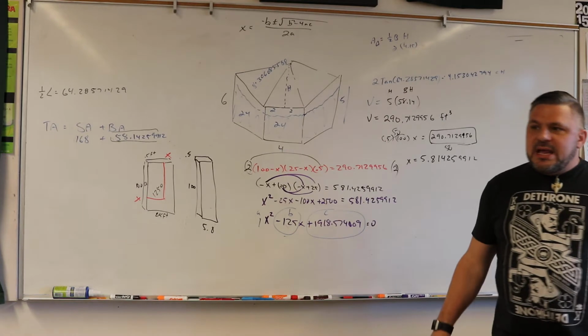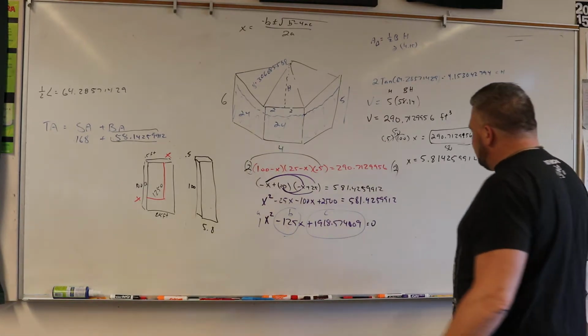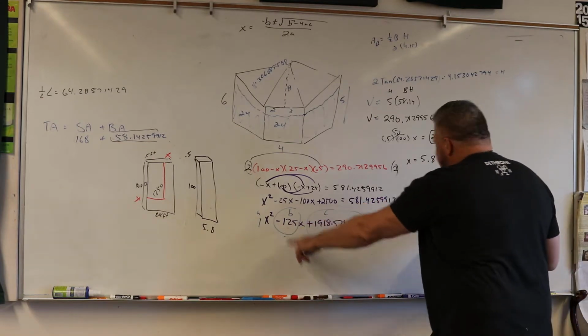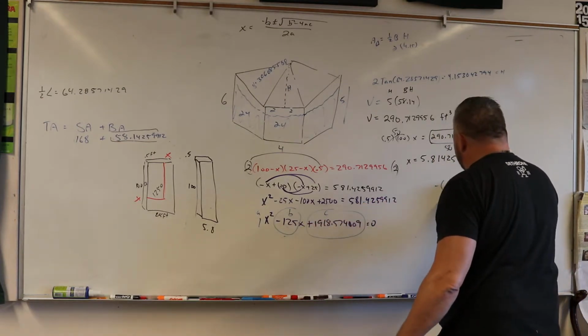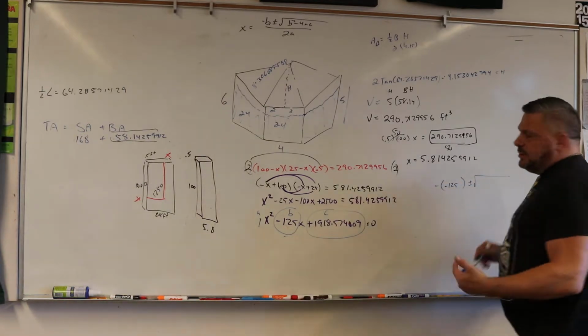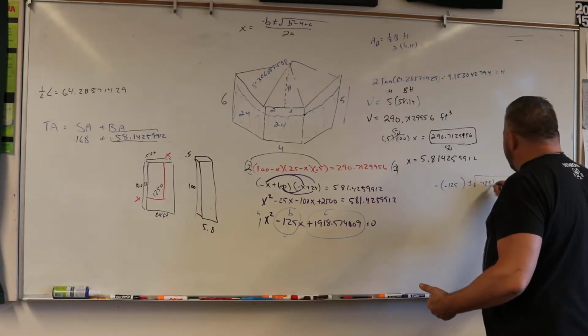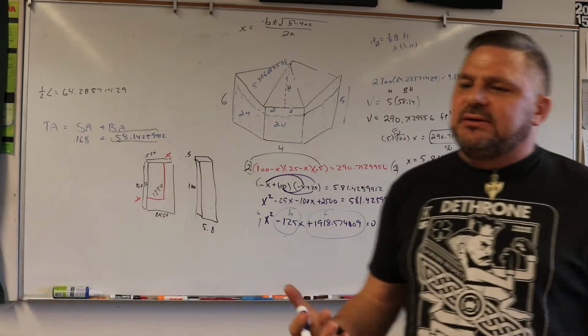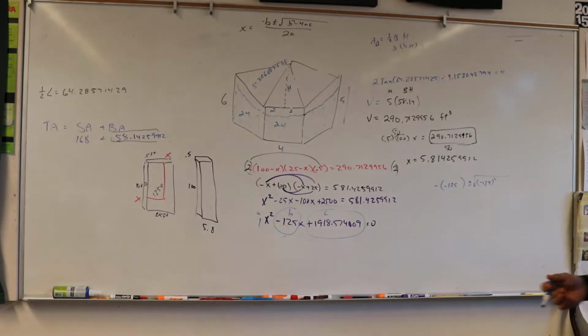Now what happens is we go negative b. Well, b is negative, so it's negative 125, plus or minus the square root of negative 125 squared. Now, when you square a negative, it's just going to become positive, so that's okay.